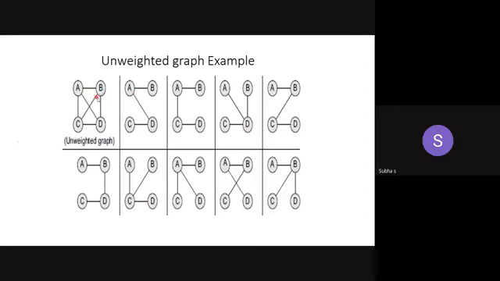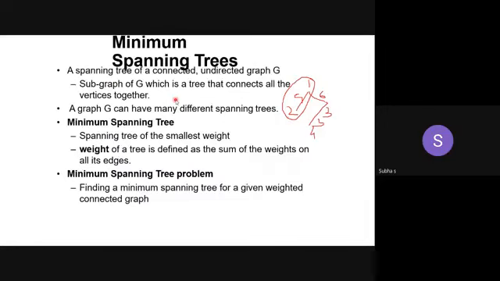Okay. Spanning tree means I can start from any node, but I have to visit all the nodes. It is a subgraph of G, which is the tree that connects all the vertices together. As told earlier, a graph can have many different spanning trees. Yes, the important thing is you have to make it as a tree structure that connects all the vertices together.